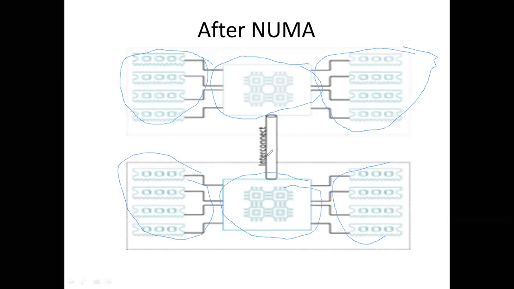Of course, there will be a connection that connects the CPUs, because the CPUs might need to interact with each other. So there will be an interconnect which connects the CPUs. But this is not for data reading or writing. For reading and writing, each CPU will have its own memory, which is local to it, and there is no longer that thing of sharing the North bridge. So this improves the speed. That's the whole concept of the NUMA technology.